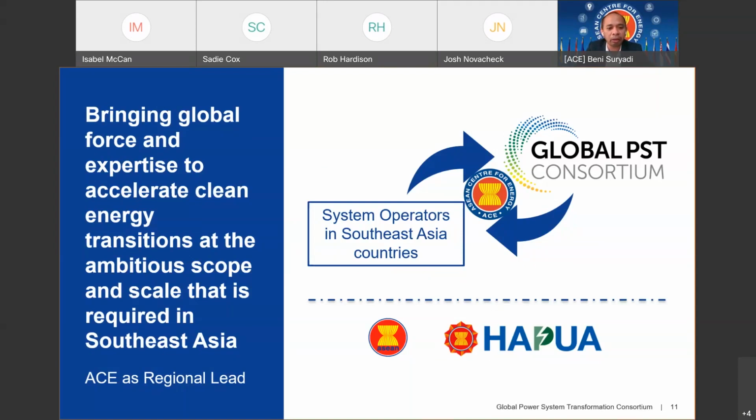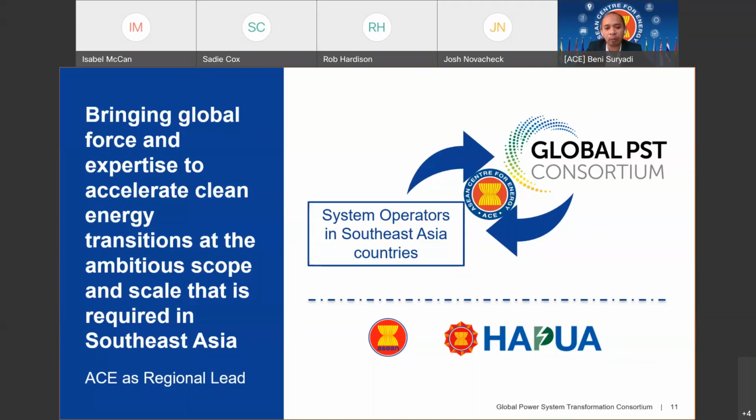And what I would like to also emphasize is, with the involvement of ACE as a regional lead for Asia in the G-PST, through various research and various activities, including what we are organizing today, we are bringing global force and expertise to accelerate the clean energy transition at the ambitious scope and scale that is required in Southeast Asia.